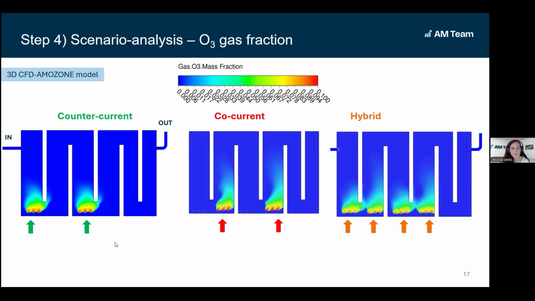What we can observe is the difference in the gas plume. If we look at the counter current, the gas is more pushed towards the bottom, while in the co-current configuration, due to the same flow direction of water and gas, the ozone is more spread along the height of the reactor.